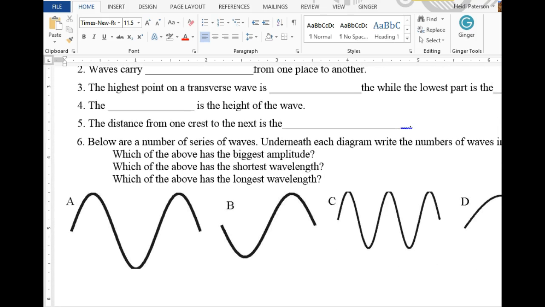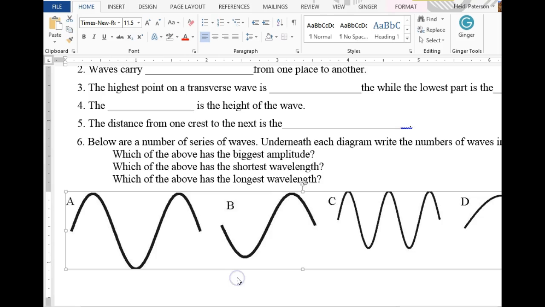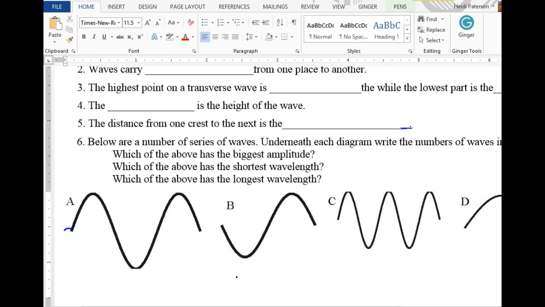Where is the rest position for these waves? The easiest way to find the rest position is to look at where it starts, and where it ends, and then use a ruler and connect the two.